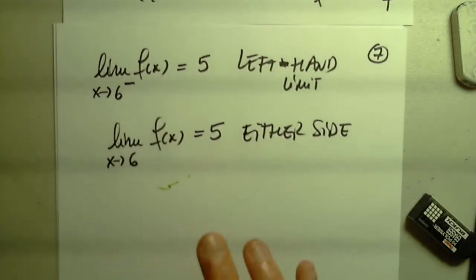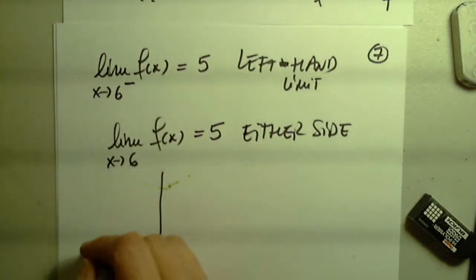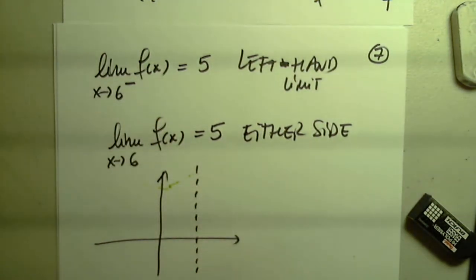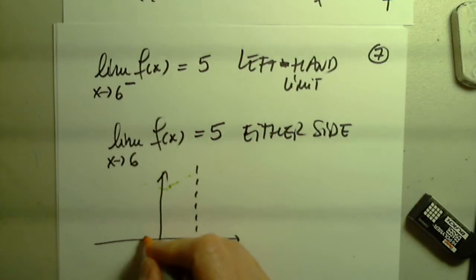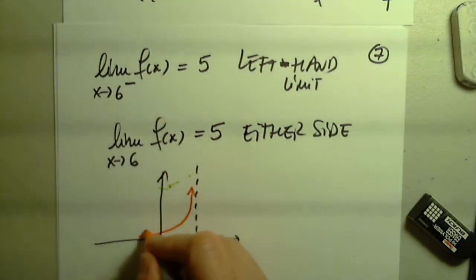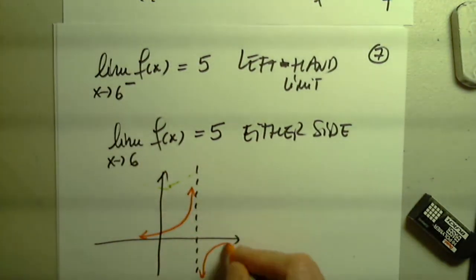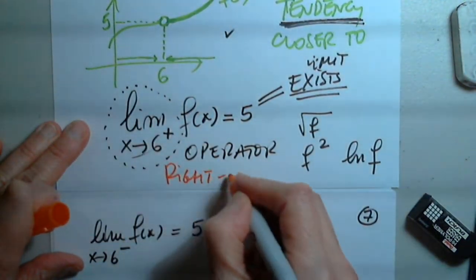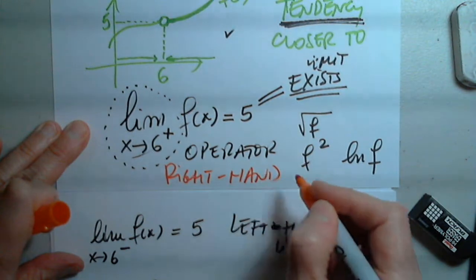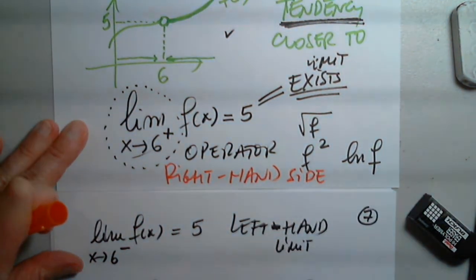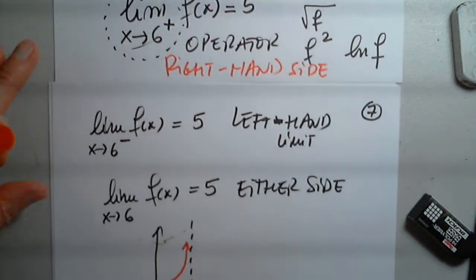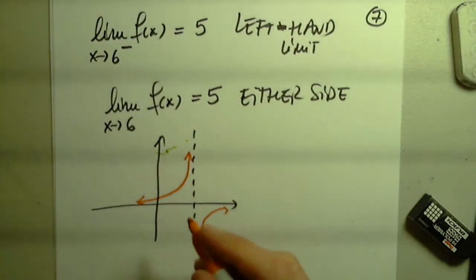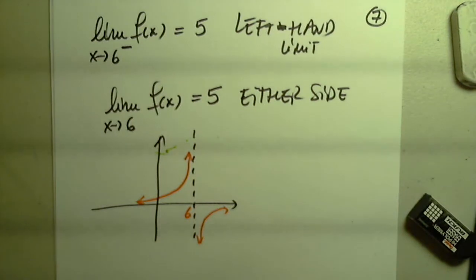Okay, here's an example now. Here's a function. So would the first one be the right-hand side? Yes. So this is our 6.